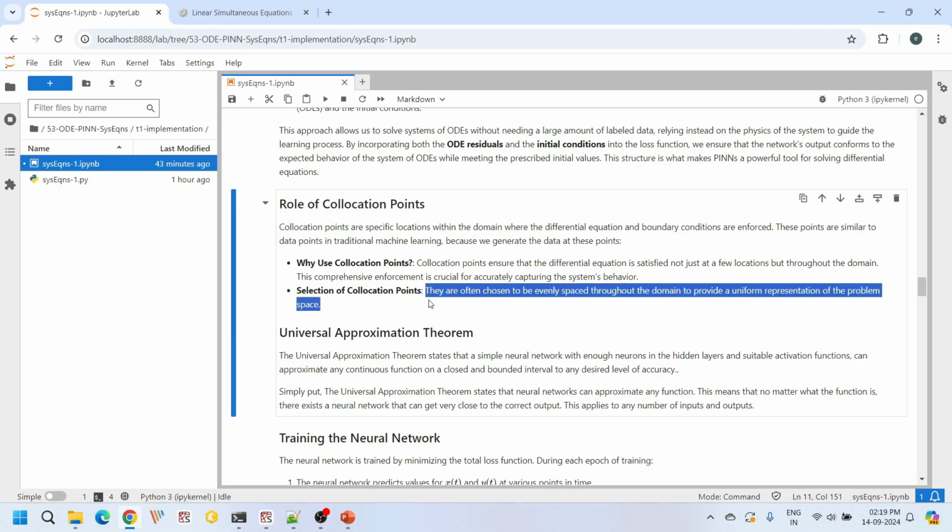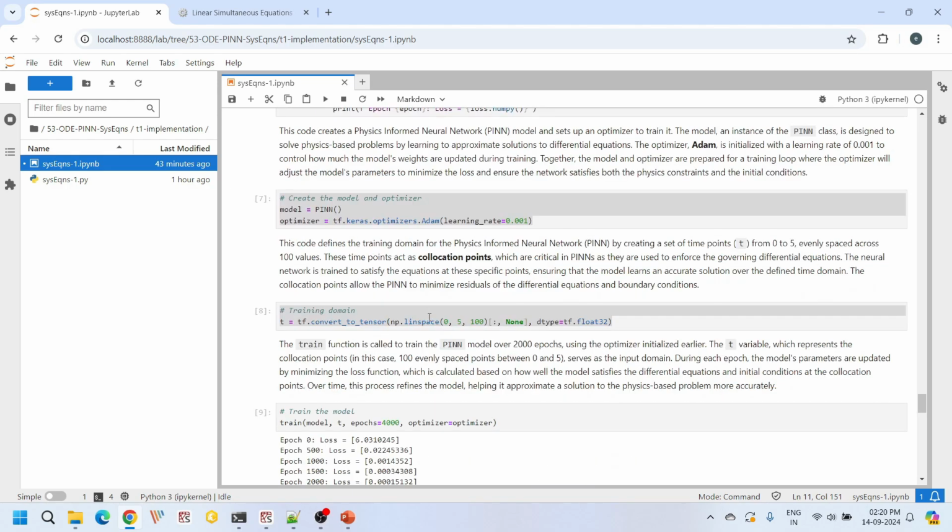So basically there is no specific guidance on this. You have to choose as many as you can, and choosing a smaller number of points will make it difficult to solve this equation and get an accurate solution from the neural network. So we have to choose a sufficient number of points, which we will get to know when we are working. First, we will do some iterations, like first we will choose some, as I did here.